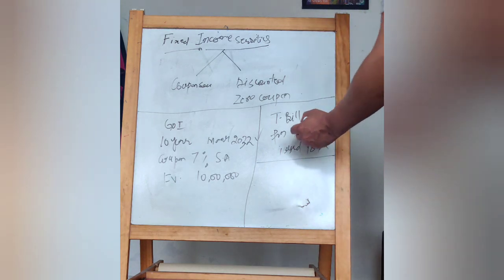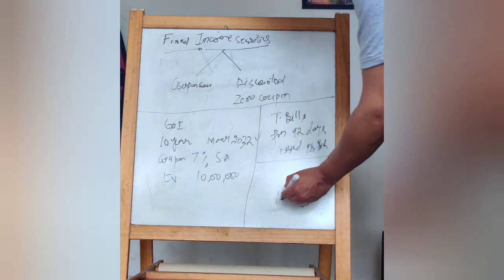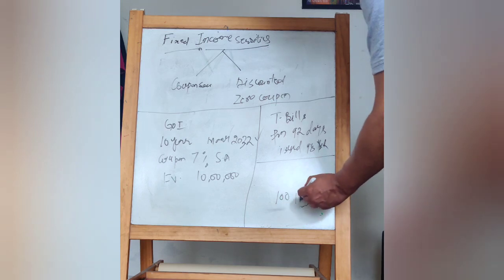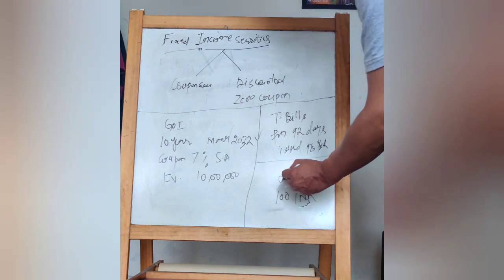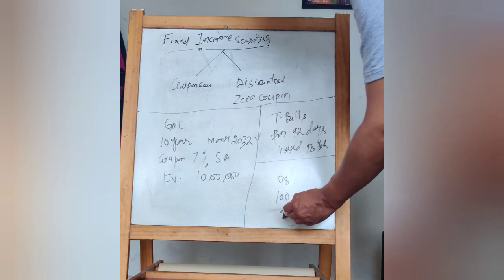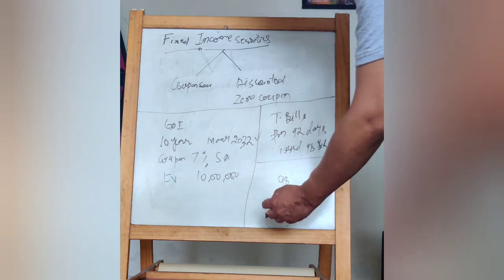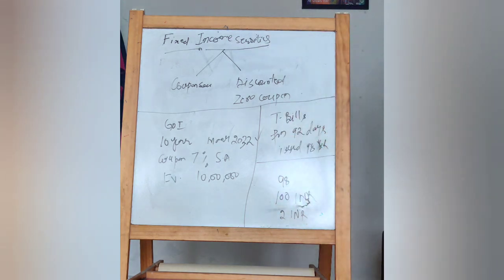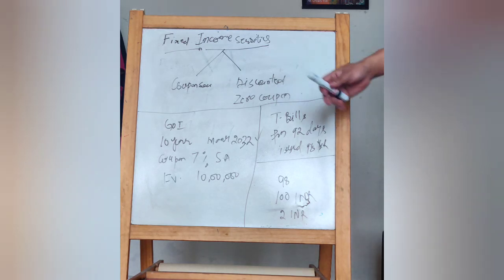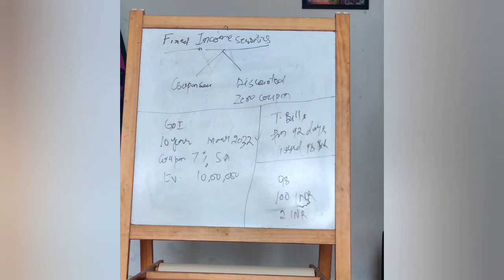On maturity the investor will receive the face value, that is 100. So today you are investing 98 rupees and after 92 days you are getting 100 rupees. So your income here is in the form of a discount of 2 rupees, which can be called interest income or discount income. So these are the two broad categories of bonds depending on the interest flows linked to the securities.